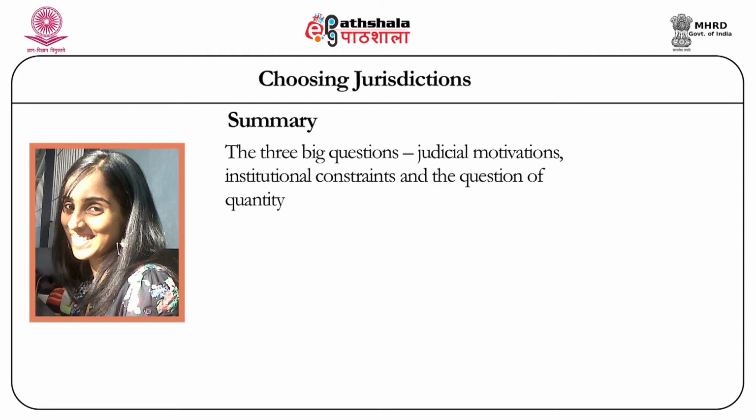The second, by looking at it from the point of view of institutional constraints. What are the practical challenges that might make the project of comparison easier or more difficult once a judge has decided how he or she is going to proceed with the project of comparison.